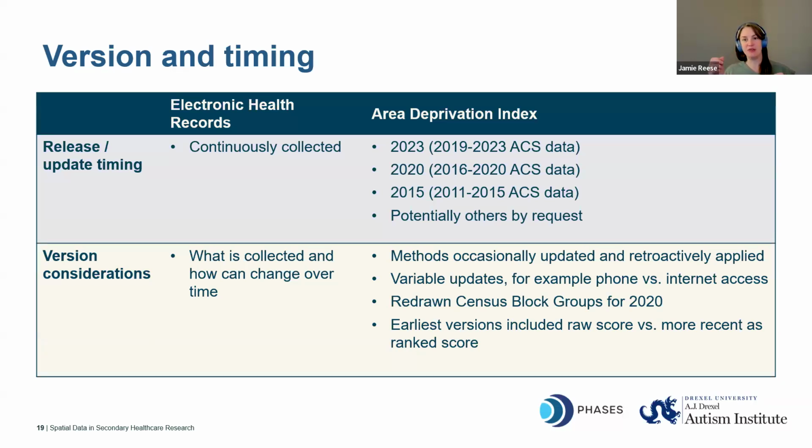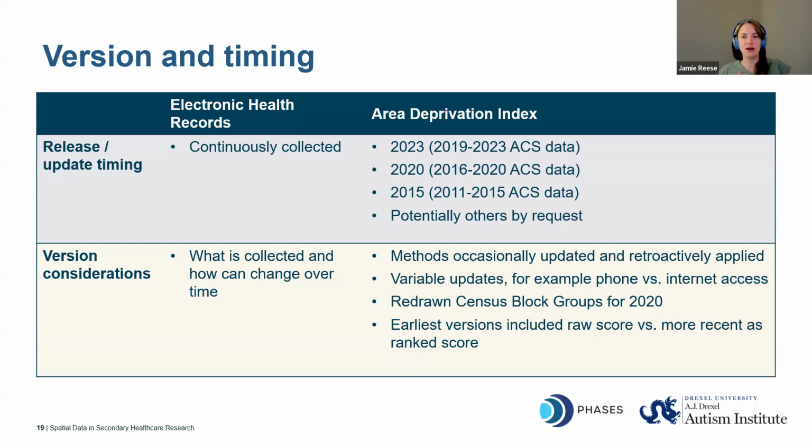When it comes to area deprivation index, there's 3 versions that are all available for download on their website. There's 2023, 2020, and 2015. And then if you look at in parentheses, that tells you, remember I mentioned that census data goes into that index. So they take these measures from the census data to construct the index that you're looking at, and the census data has its own timeline as well. So the 2023 version of the ADI is going to use 5-year census estimates from 2019 to 2023.